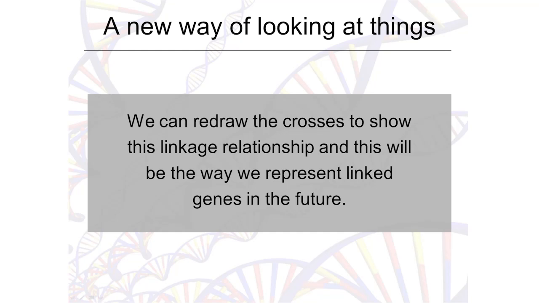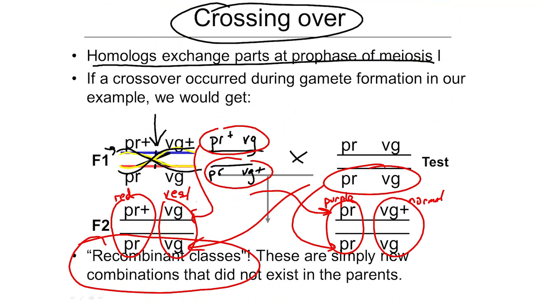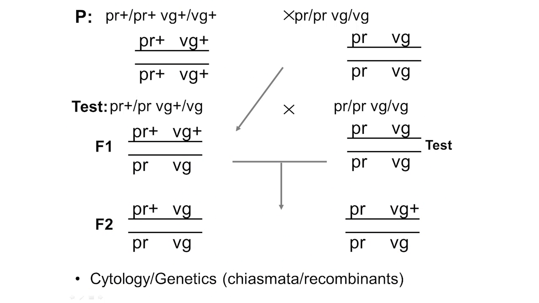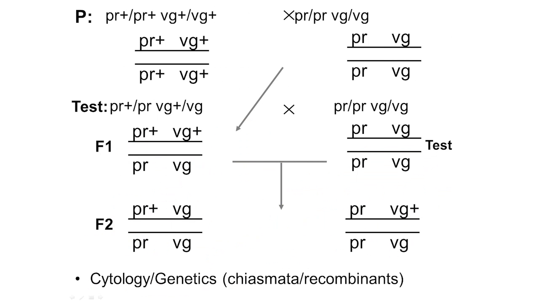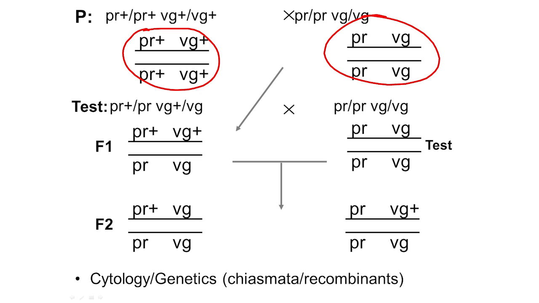Now, we're going to really go into detail about this in the next part, but let's follow the entire cross now and just make sure we understand what occurred. And I'll do a little animation that I hope works. Under this assumption, which turns out to be true, we're starting off with pure breeding lines, recognizing that the PR and VG genes are on the same chromosomes.